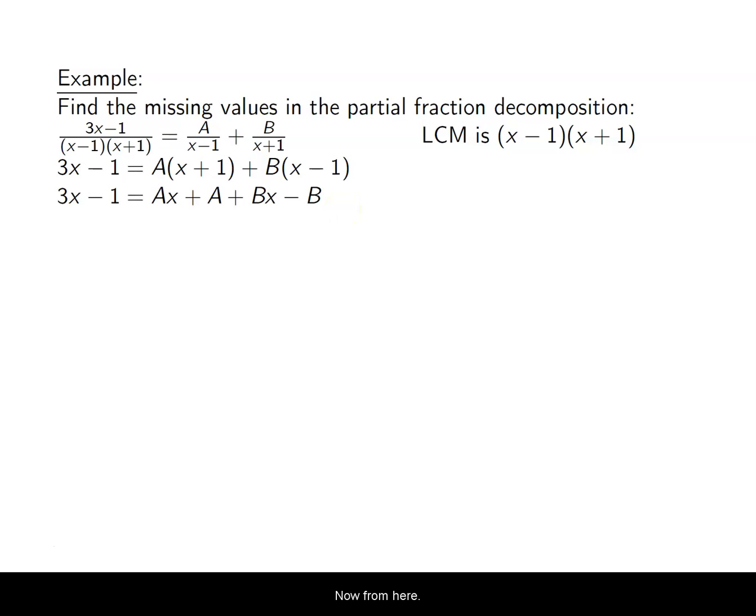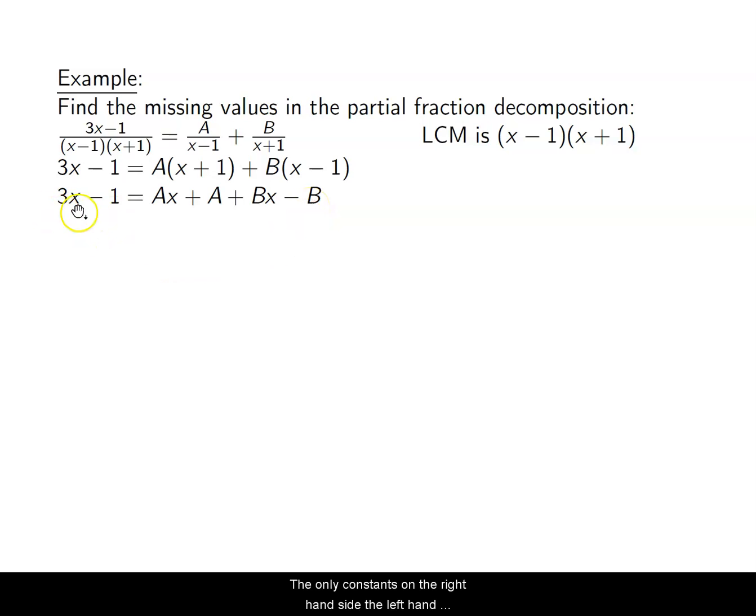Now, from here, I don't have anything else to do as far as simplification. Okay. But what I do want to do, there's a couple ways to think about this, but I want to make some equivalencies. A and B, A and negative B, I should say, are constants.